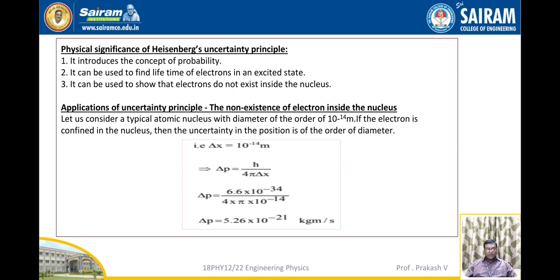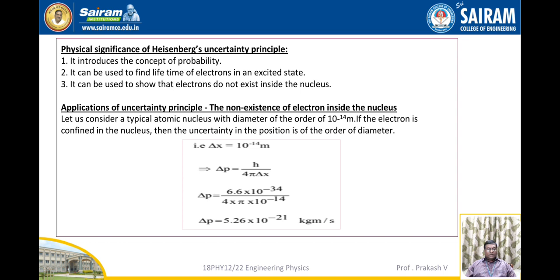If we put in the value of Planck's constant and the value of the diameter of the nucleus, then the value of delta p, the uncertainty in momentum, is equal to 5.26 into 10 to the power of minus 21 kg meter per second.